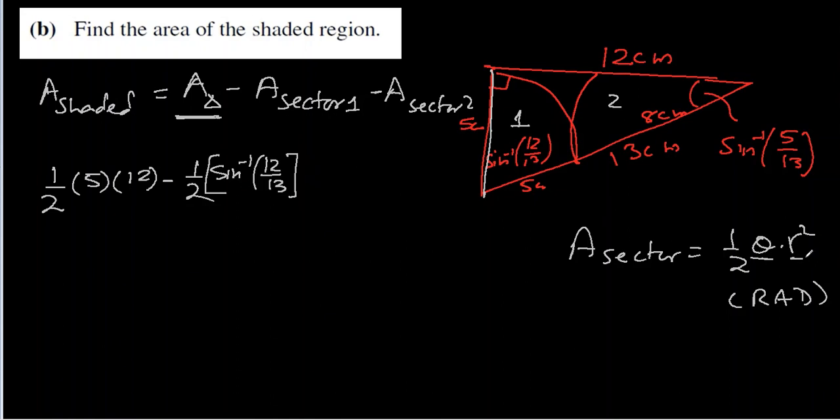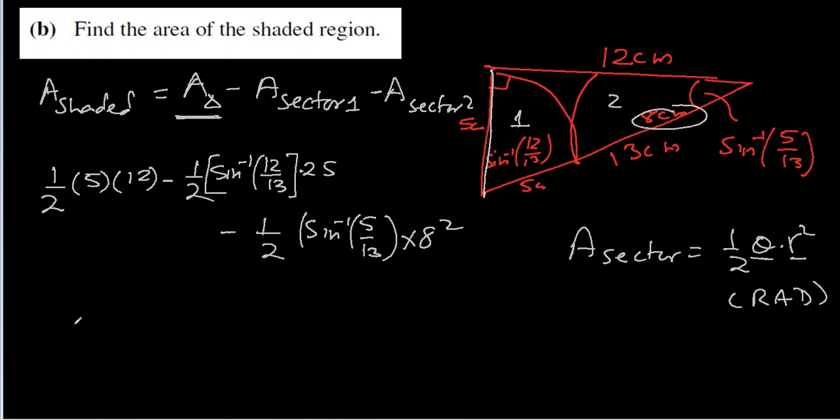R square, the radius of this, which has the angle sine inverse 12 over 13, is 5. So 5 square is 25 multiplied, and then minus another one is theta is sine inverse 5 over 13 multiplied by 8 square. If you can see here, the radius here is 8 centimeter. Alright, so 2 cancels with 12, 6. 6 times 5 is 30.